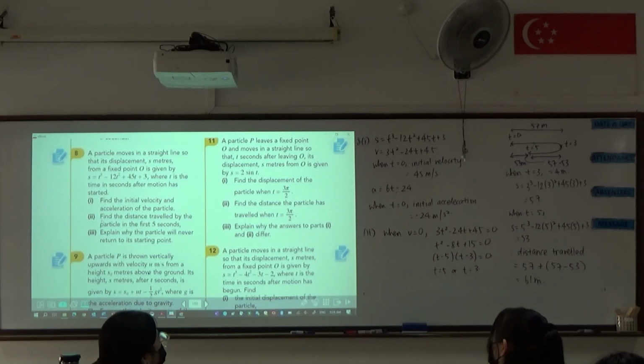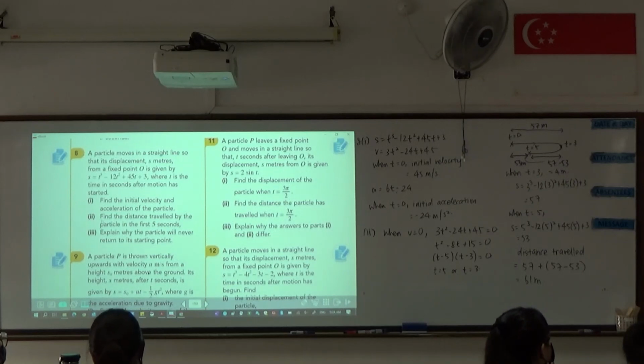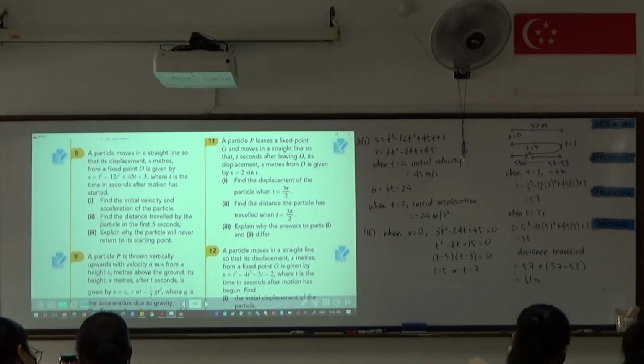Yeah, I understand what you're trying to say. Hang on. A particle moves in a straight line, so that its displacement s meters from a fixed point O is given by this equation, when t is the time in seconds after motion.